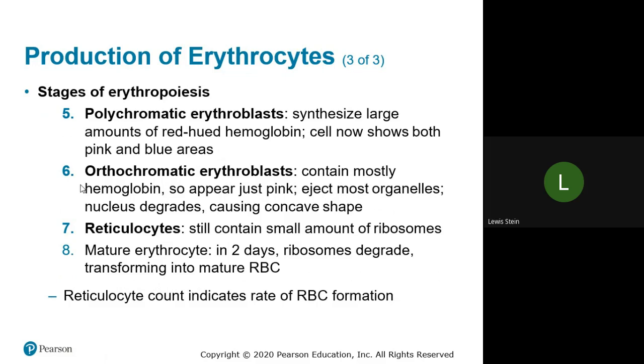If there are immature forms, either they're being made too fast or there's something occupying the space and pushing them out too fast. Okay? If they're overly mature, then the process is too slow. So you look for things that are irregular. And normoblasts were not something you typically saw.